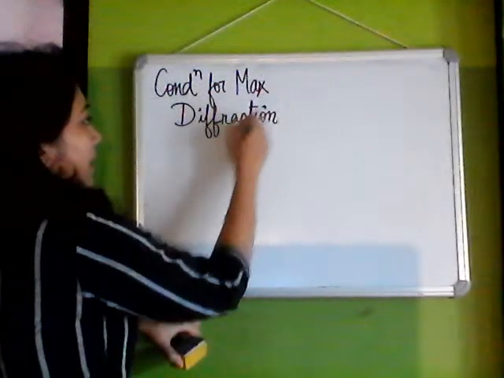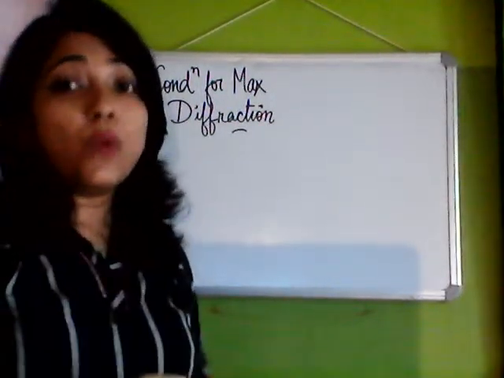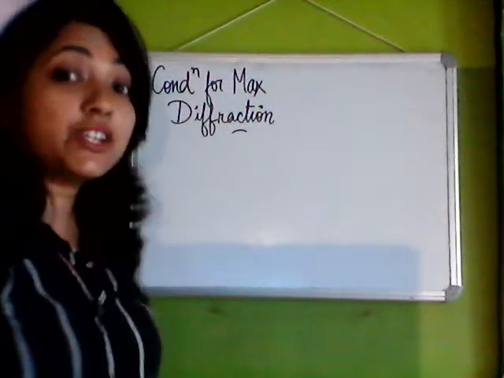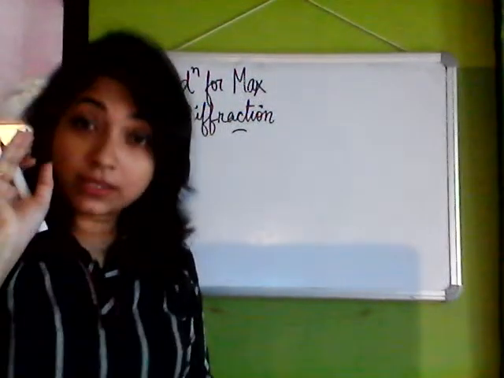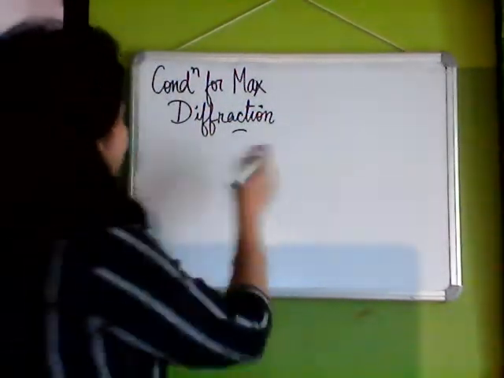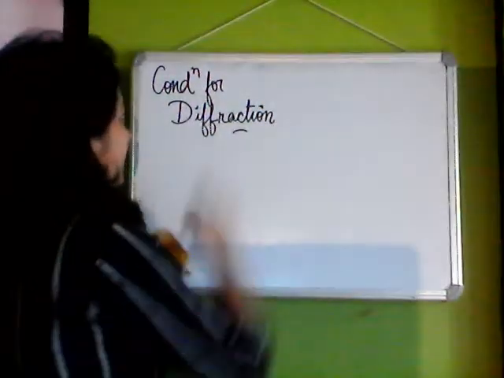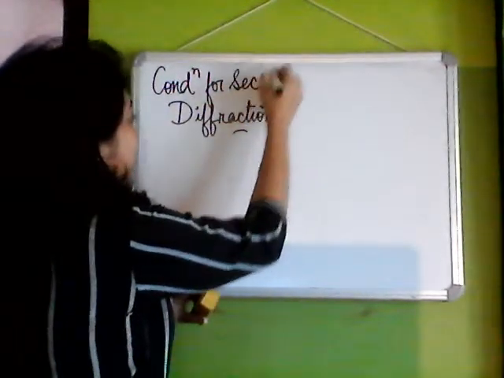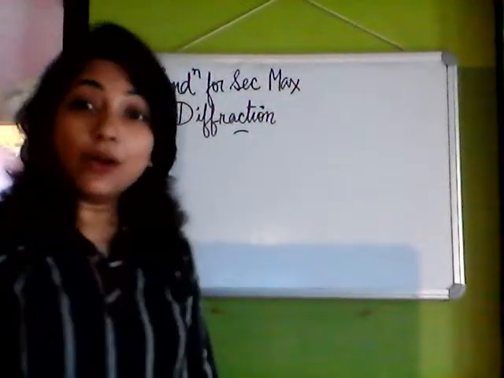Now, can I ask you to remember and tell me what were the conditions for getting the diffraction maxima, specifically the secondary maxima? Obviously, I should not be missing this point of secondary maxima. In case of diffraction, how did we receive that?